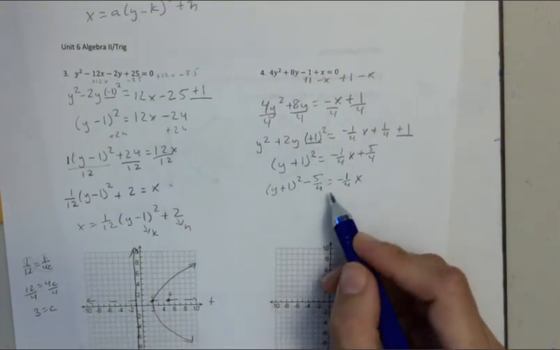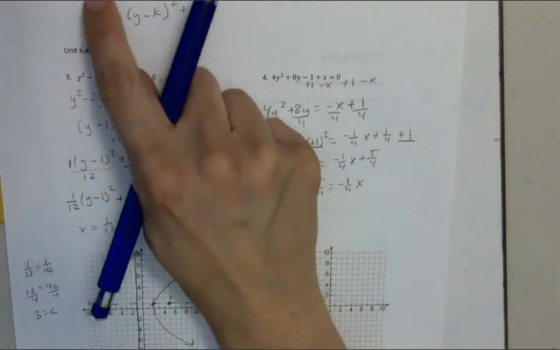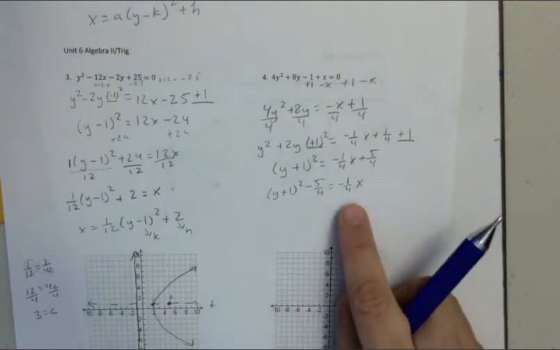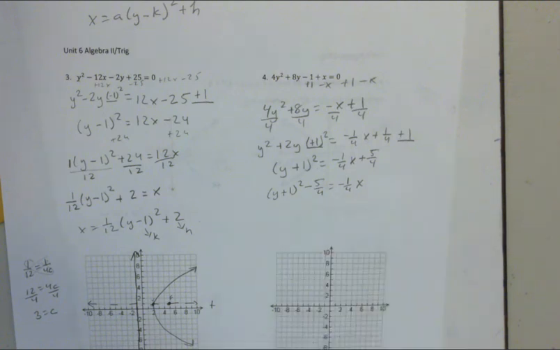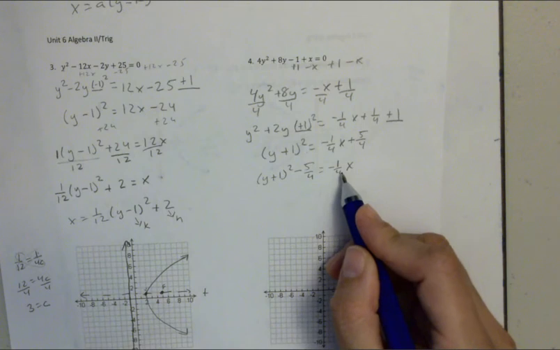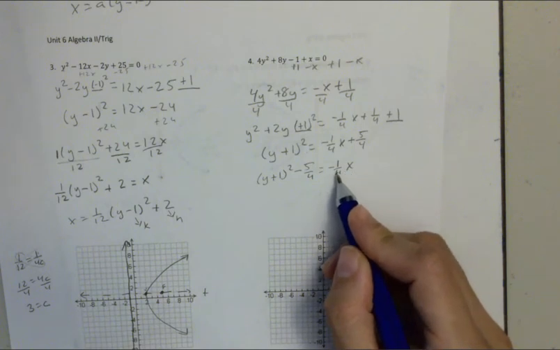Okay, so what I need to do here is I need this x to be a positive 1x. Right now it's a negative 1/4 x. So in order to make this negative 1/4 x positive, I need to multiply by a negative and the reciprocal.